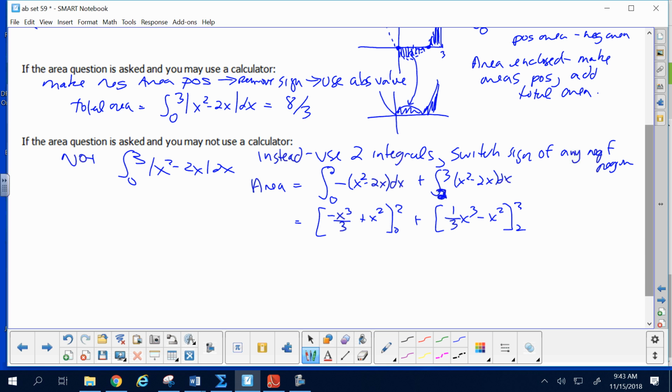Okay? All right. So if I go, it's negative 8/3 plus 4 minus zeros plus 27/3. Yes, I understand that reduces. Minus 9 minus 8/3 minus 4. You agree with my fundamental theorem work?